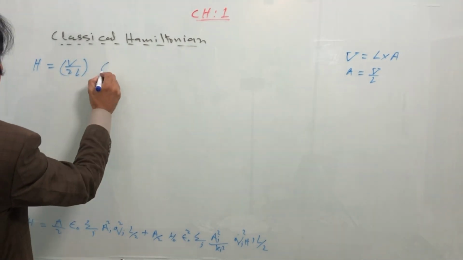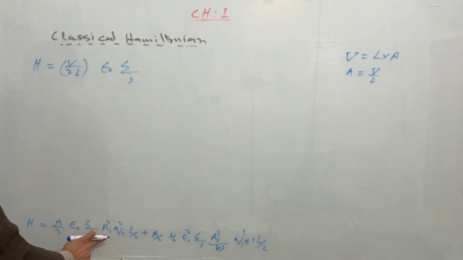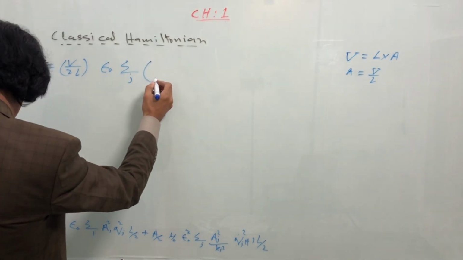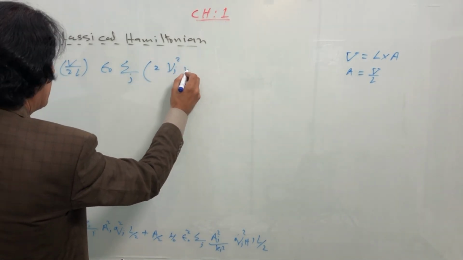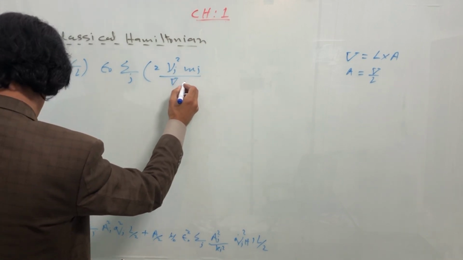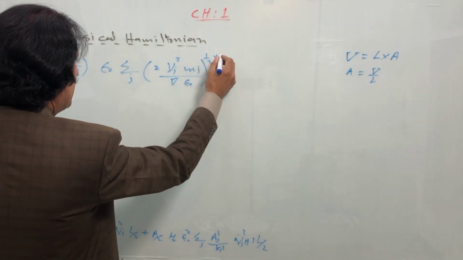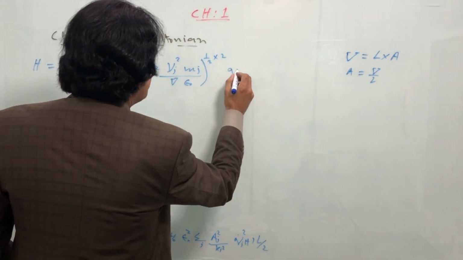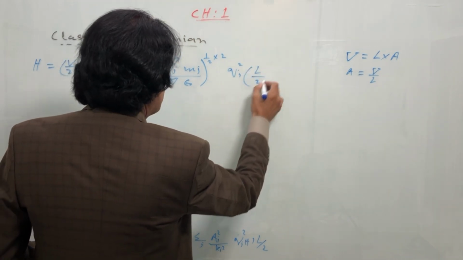Then epsilon naught, summation over j, and the value of Aj, we know the value of Aj is 2 nu j square mj divided by V and epsilon naught, and 1 over 2, because this is square, qj square and L divided by 2.